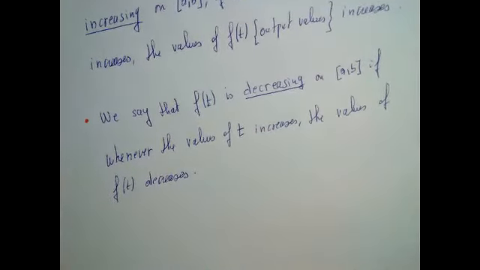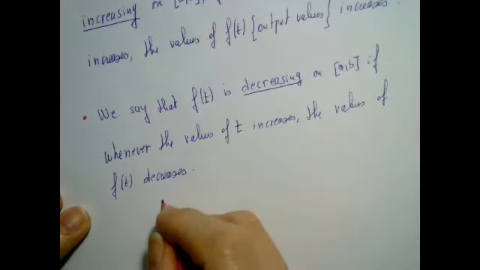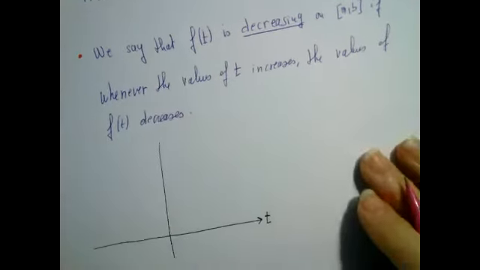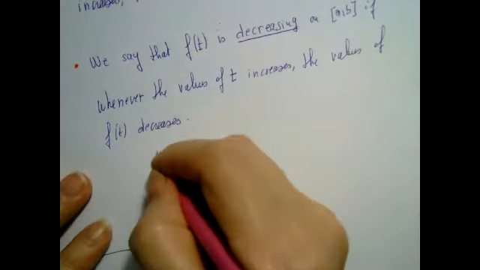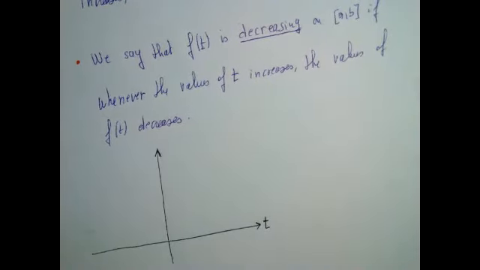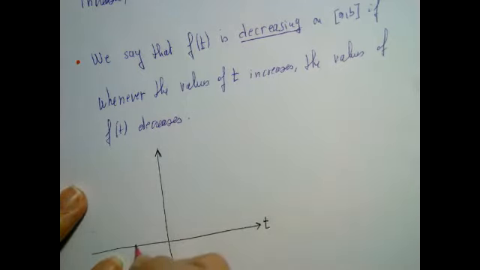So what does it mean to increase? Suppose f of t is a function. I'm going to graph it. Let us always remember that the input is on the horizontal axis, and the output is on the vertical axis. If the function is increasing, it means when the input increases, the output increases as well.